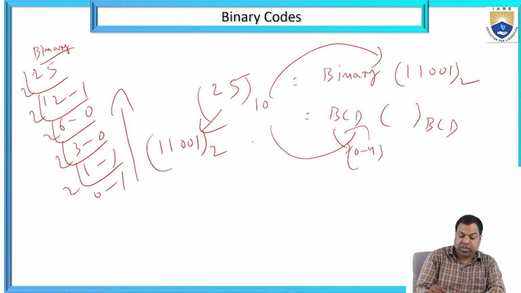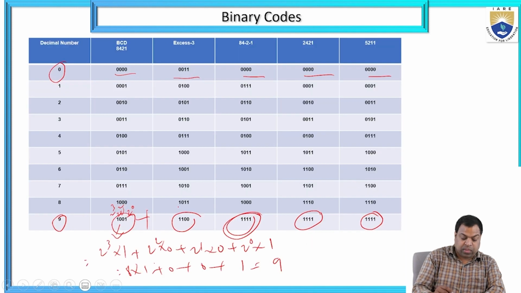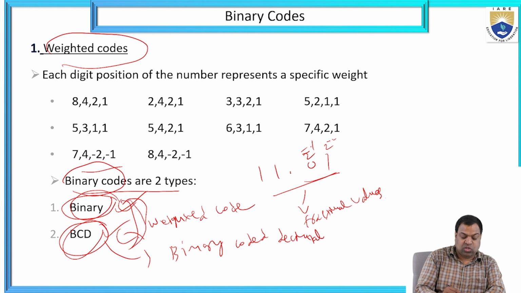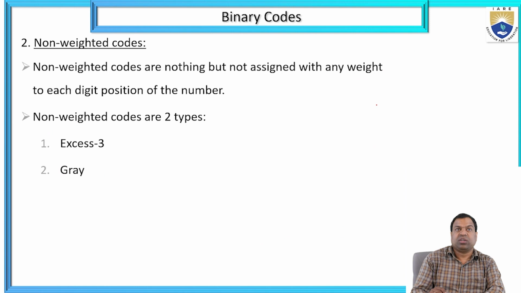But here we have 25, so we have to take the 2 and the 5 separately. The 2 is 0010, and the 5 is 0101. So 0010 0101 is the BCD code. So in weighted codes, a number can be converted to one form, binary, or another form, BCD. So there are two types: binary is one type and BCD is another.